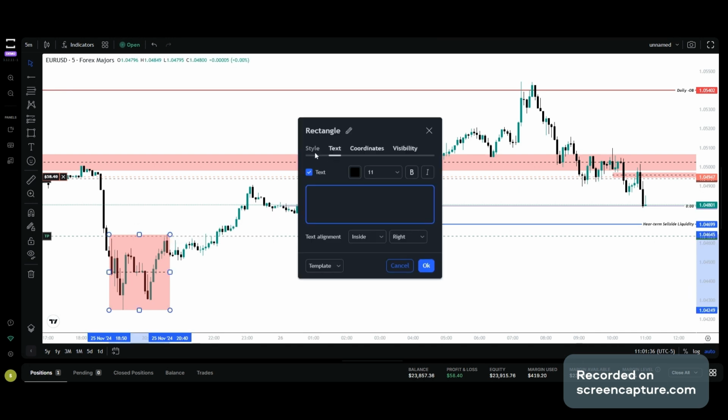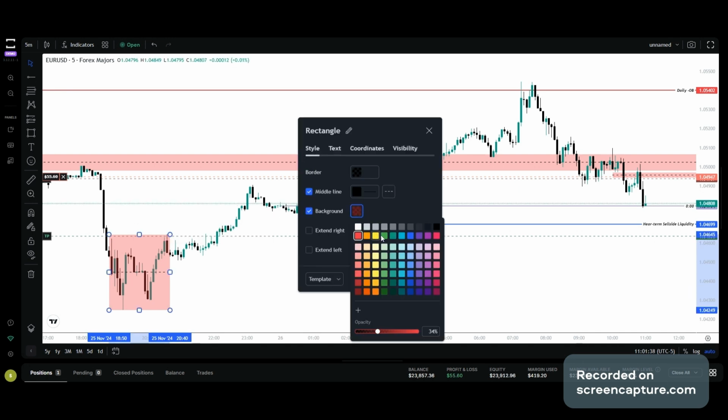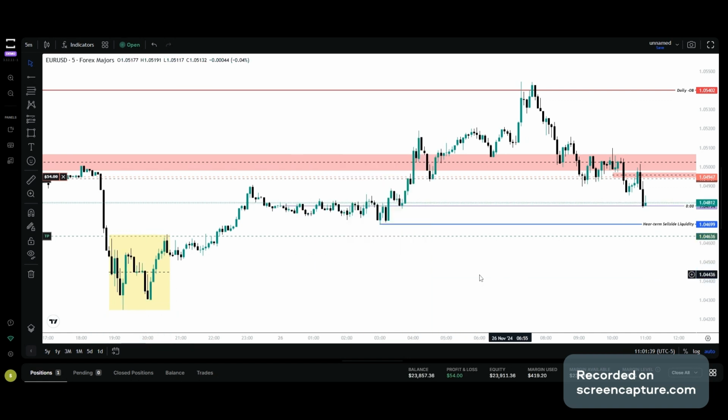I'll make it yellow. And there's your first accumulation right here, or accumulation phase 1 right there. Then we have accumulation phase 2.